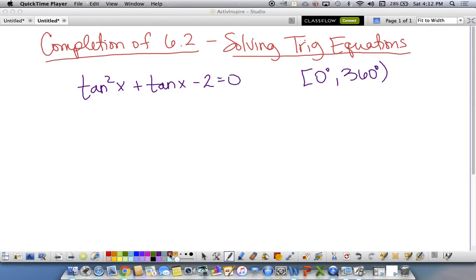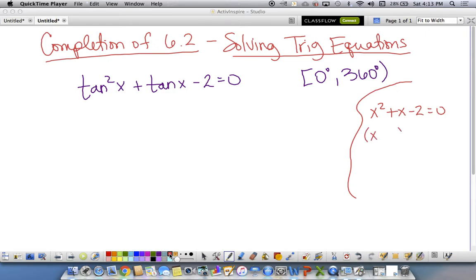I'm going to go over to my thought bubble and take x squared plus x minus 2 equals 0. Are there any factors of 2 that subtract to get a positive 1? I hope everybody said 2 and 1, right?